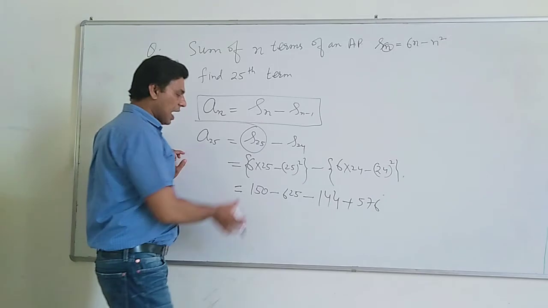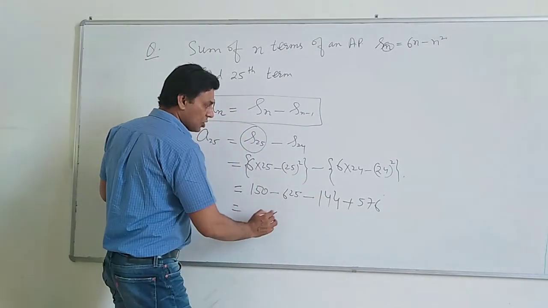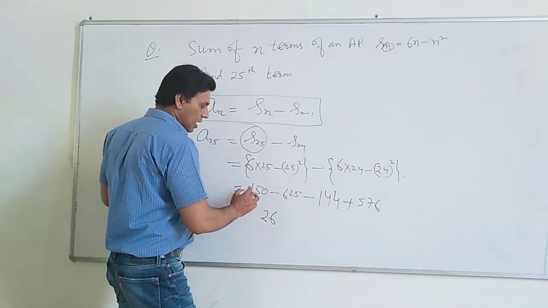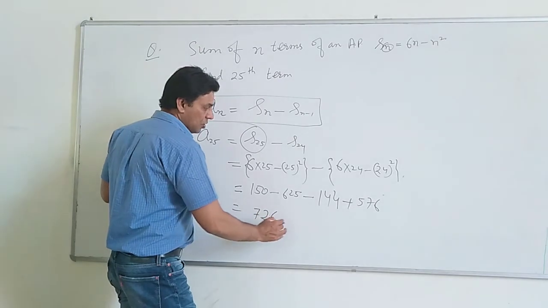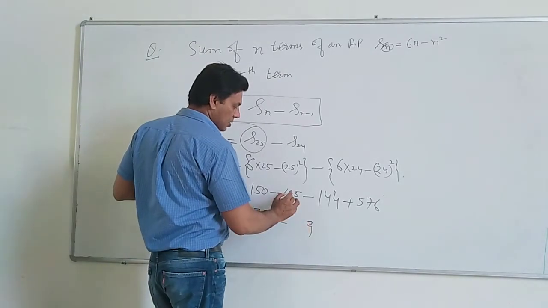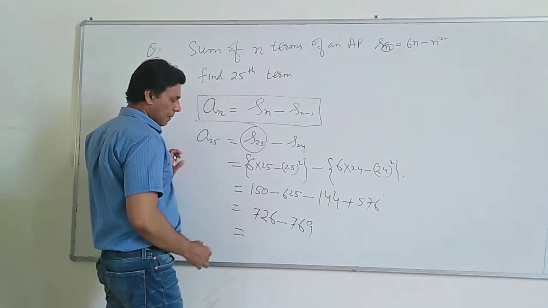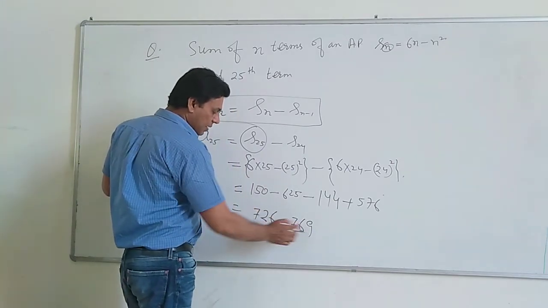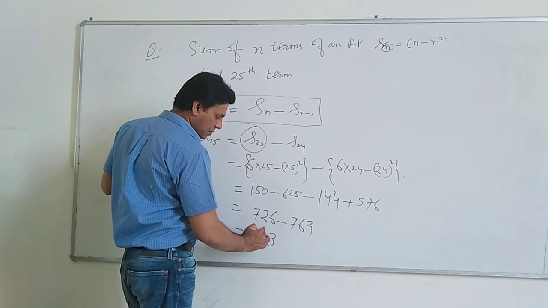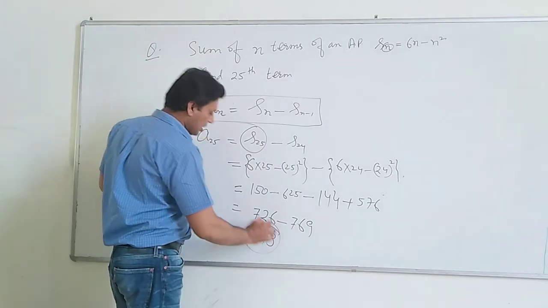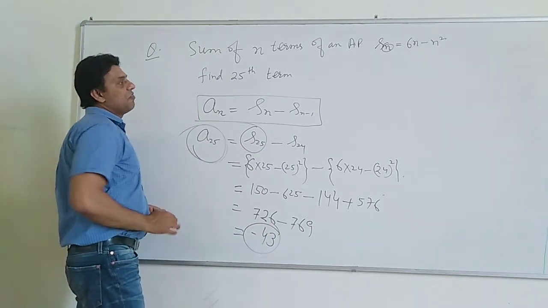First of all add the plus quantities, 6, 12, then the minus quantity, then minus. This is the bigger number. So minus 43. This is your 25th term.